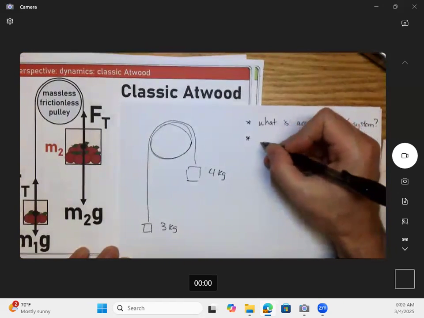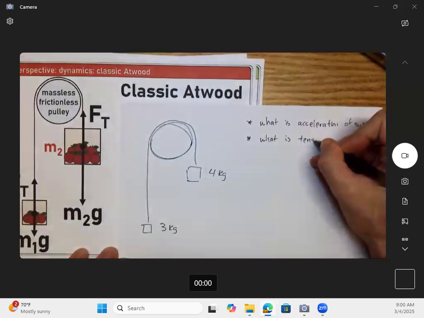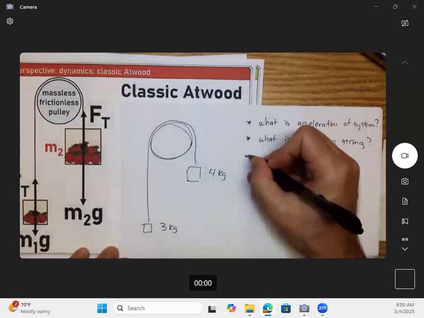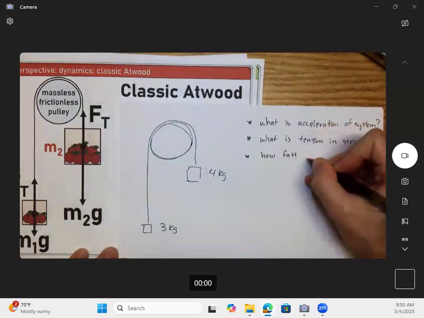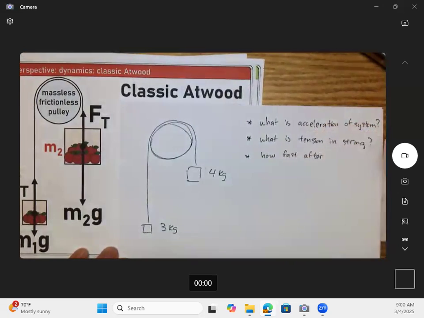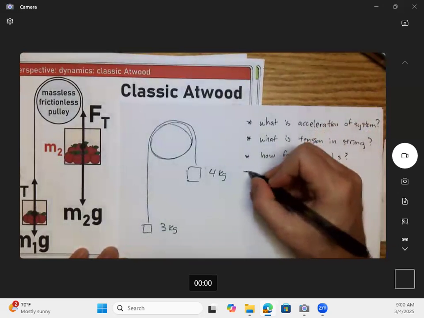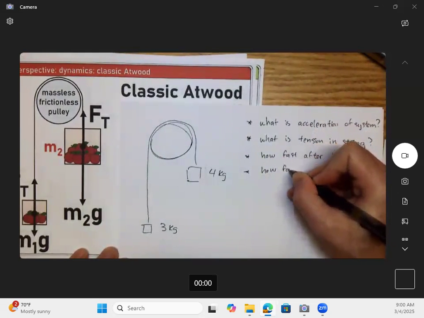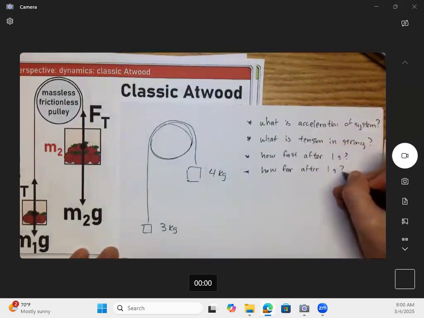I want to know what is the tension in the connecting string. Say how fast after, let's say, 1 second. And how far does one of these blocks move after 1 second?